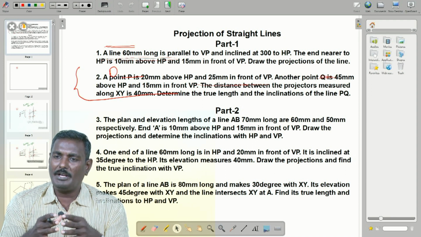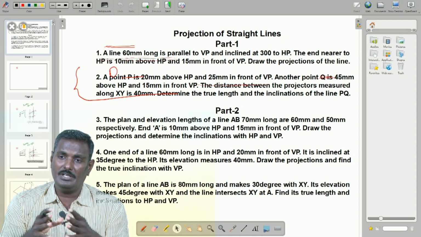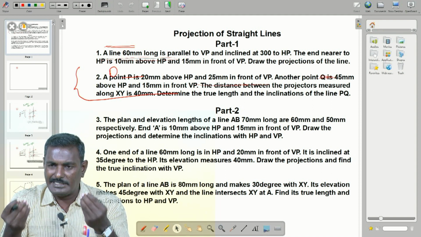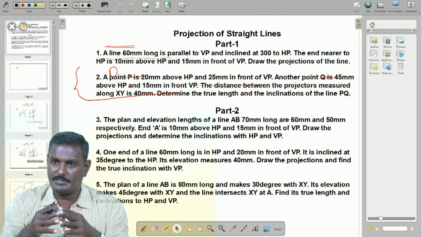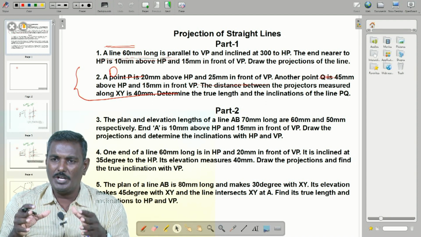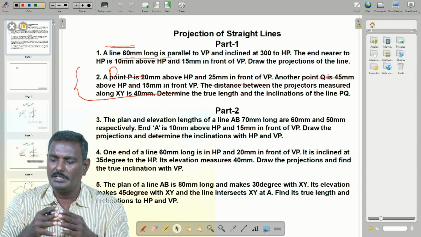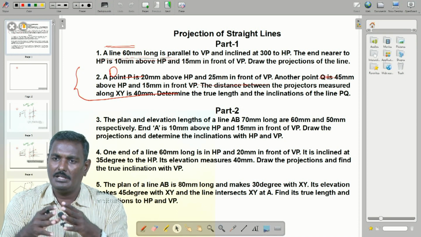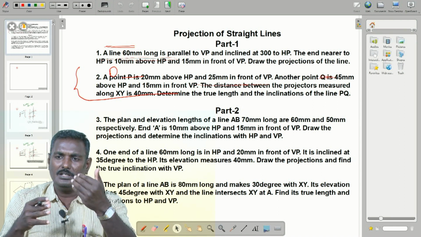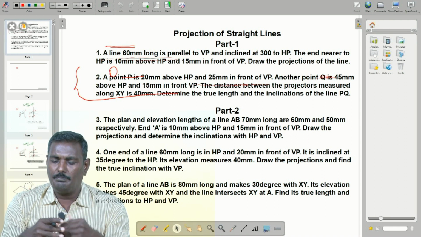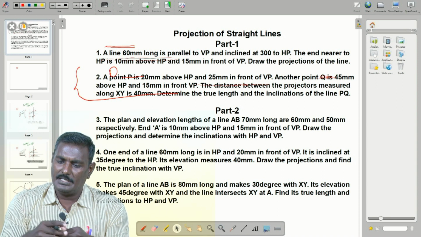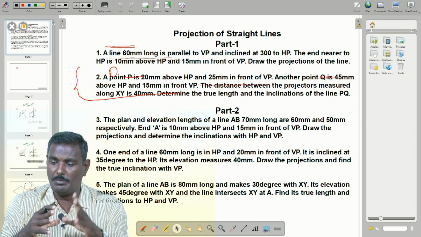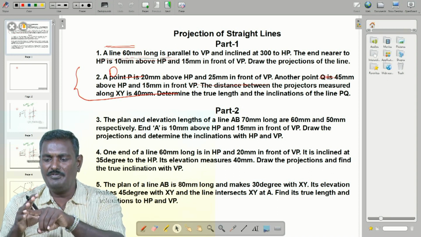But where to start? Already I said, if you want to construct any straight line, we need 2 endpoints, and the endpoints lie on projectors. So here we construct projectors, drawing a line as an imaginary reference for the views. End A is 10 mm above HP and 15 mm in front of VP.